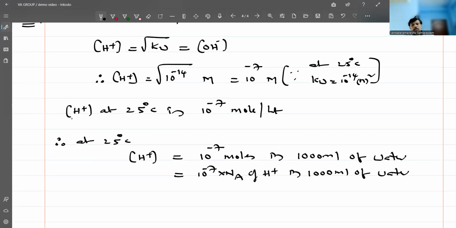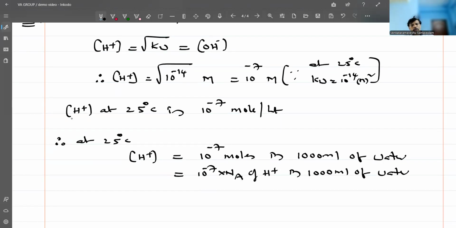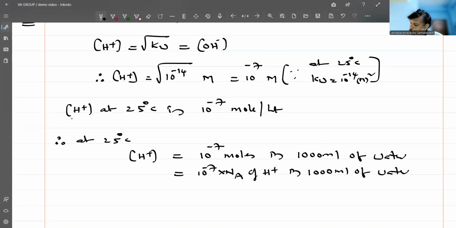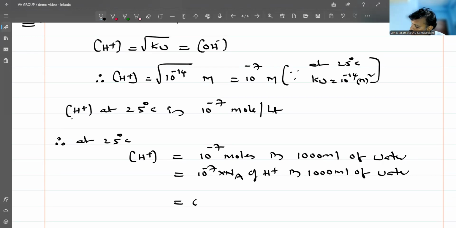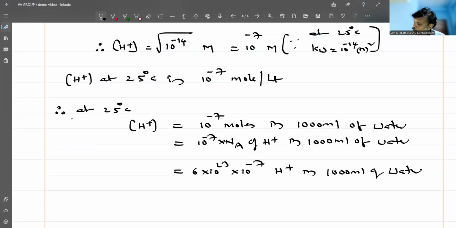So simply, how many H plus ions are there at 25 degrees centigrade? 10 power minus 7 into Avogadro number, nothing but 6 into 10 to the power of 23 into 10 power minus 7 H plus ions in 1000 ml water. That is 6 into 10 power 16 H plus ions in 1000 ml of water.